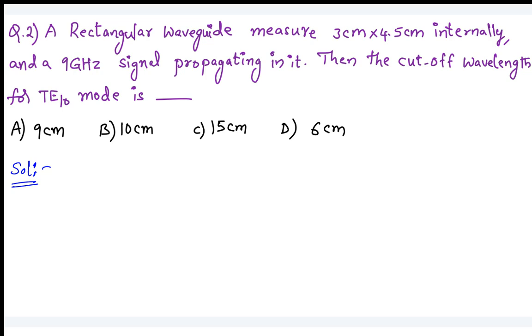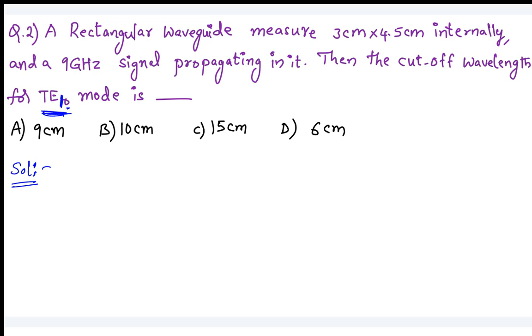That is an approach if we go by the classical method, but you have to understand the theory. First of all, what does the TE10 mode represent? In the x direction, there is one half cycle of electric field, and in the y direction there is no variation.